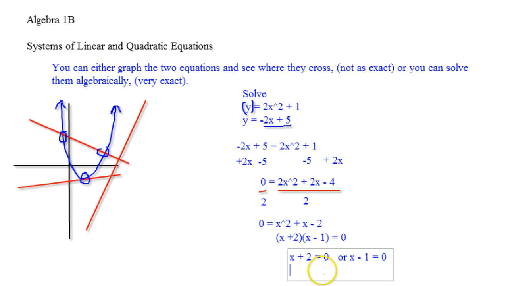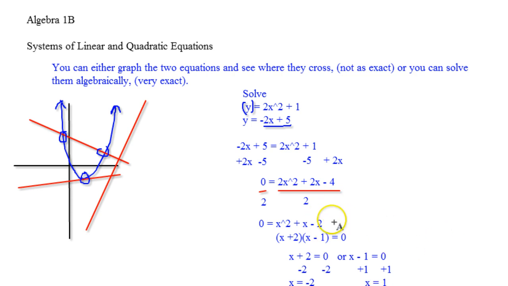Then we just solve that. We minus 2 from this side, we minus 2 from this side, and we get x equals negative 2. On this one we add 1, and x equals 1.